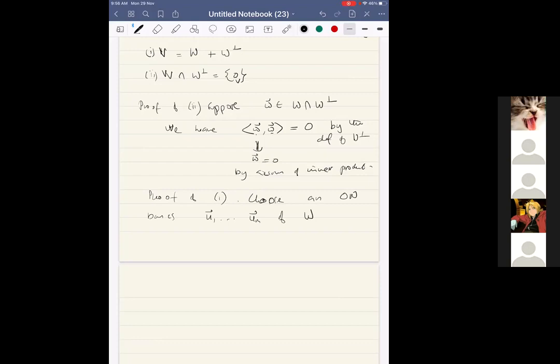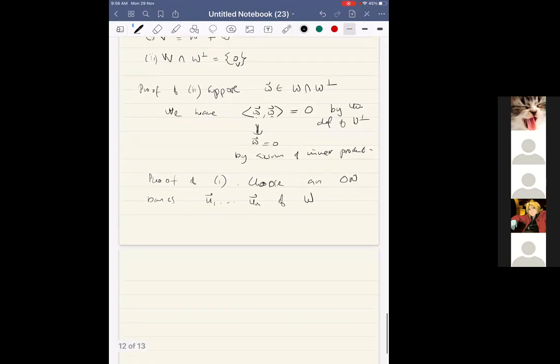V has an inner product, so W inherits that inner product, because if I can define the inner product of any two vectors in V, I can certainly use that to define the inner product of any two vectors in the subspace W. By the orthonormalization process, or in any case, there is an orthonormal basis of W. So choose one.